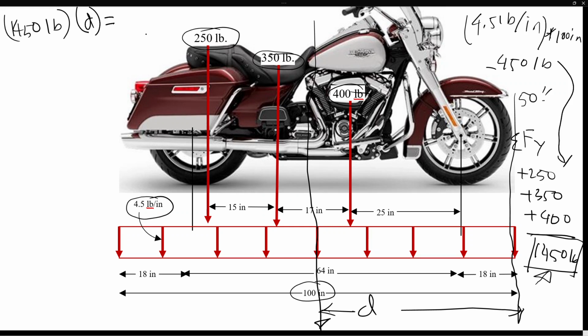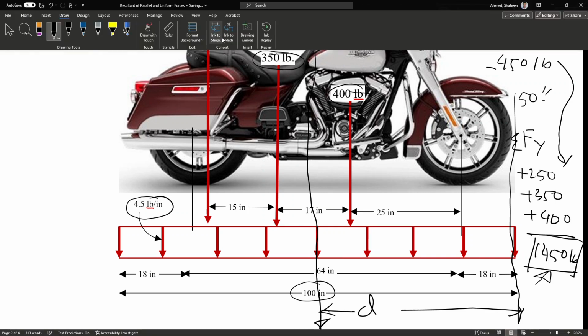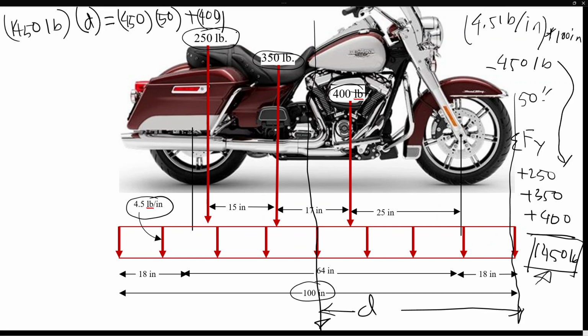Now for each of these components, for the uniformly distributed load, that is 450 pounds times, it's going to be in the middle, 50 inches from there, plus that 400 pound engine weight will act, that would be 18 plus 25, so that is, I calculated 50.